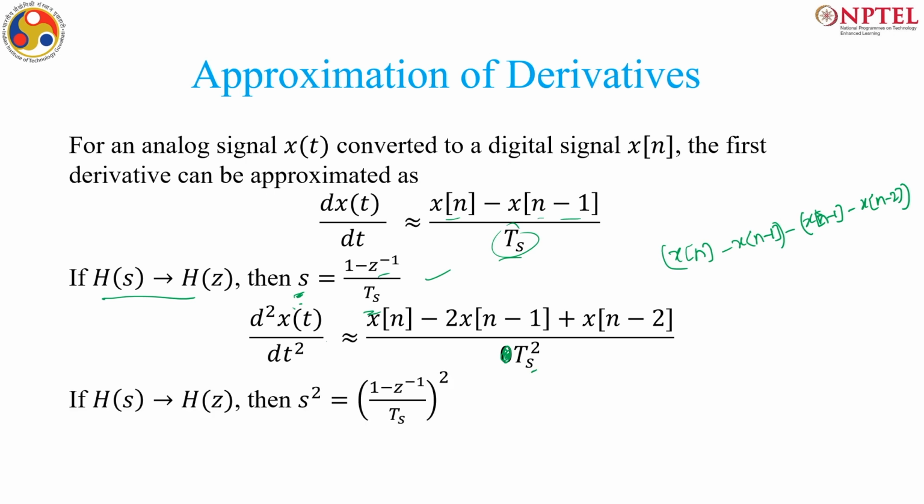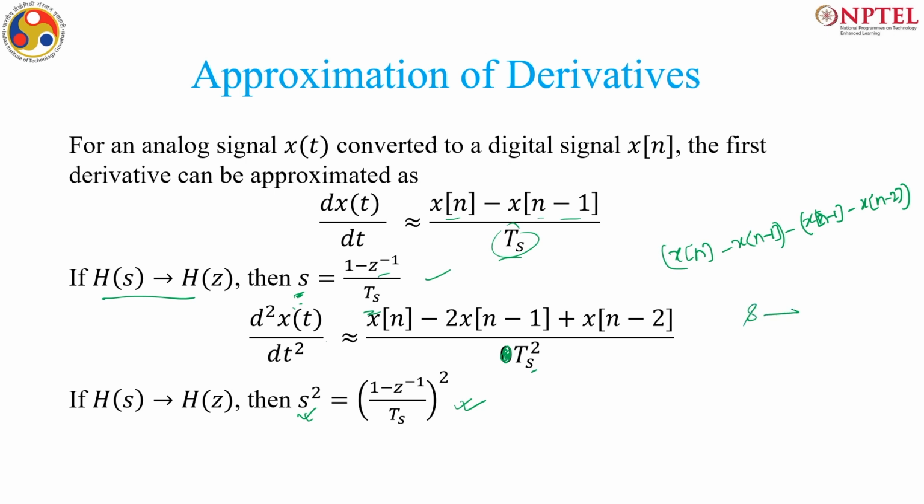Now what we get is, if you see, this is basically 1 minus 2 Z inverse plus Z inverse square, if I transform into the Z domain. So, this is what I am getting. S square is mapped to 1 minus Z inverse by Ts whole square.